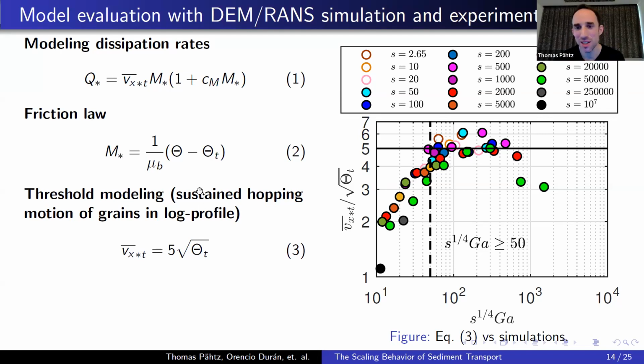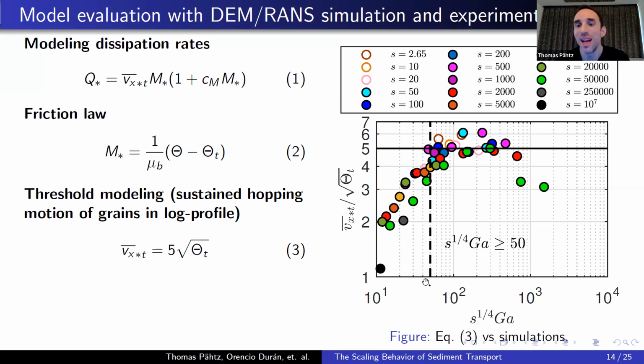And from this analysis, from getting the threshold from this very simple picture, we get that the streamwise particle velocity at the threshold is equal to 5 times the square root of the critical Shields number.